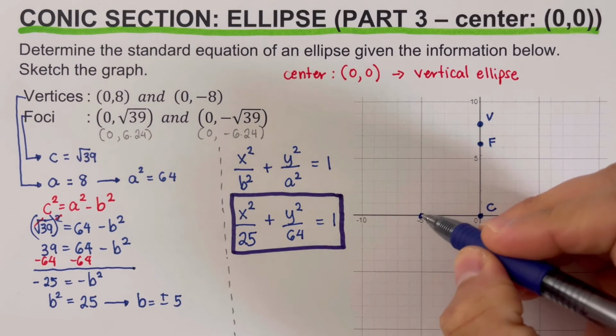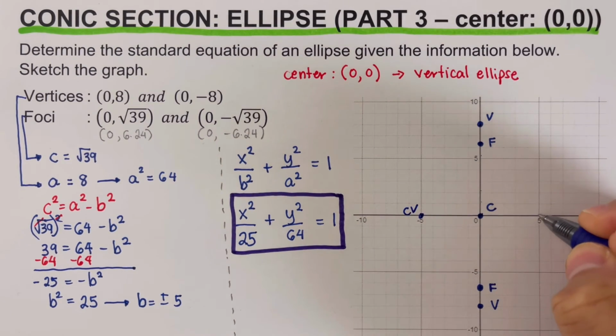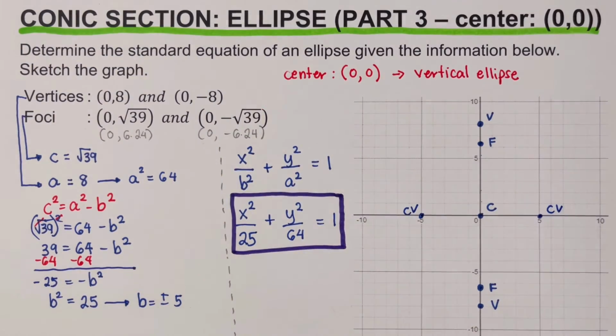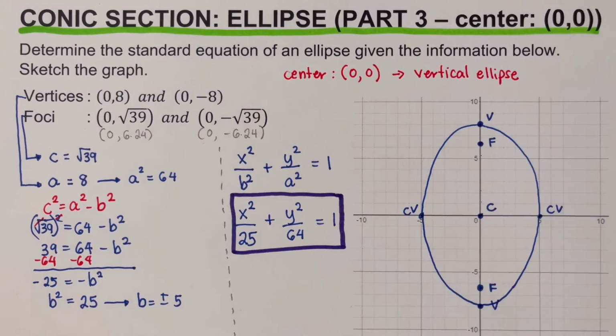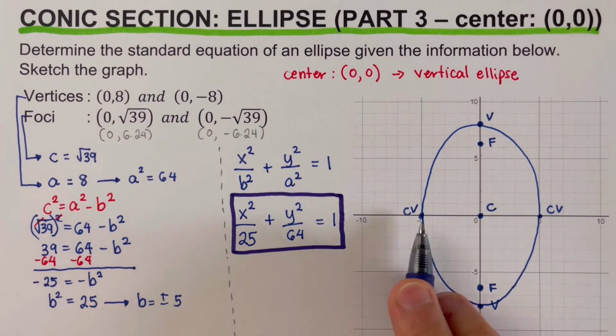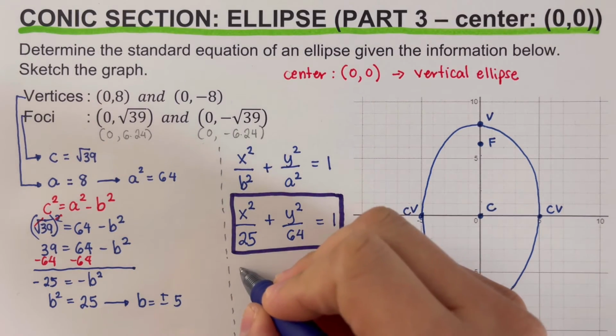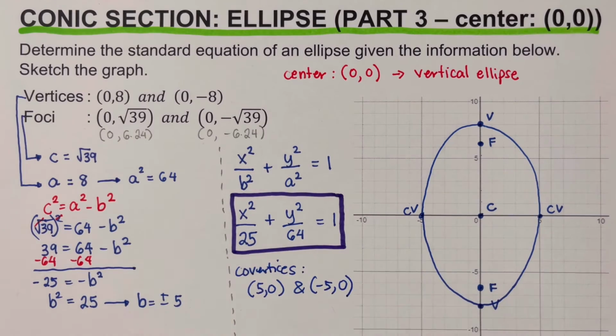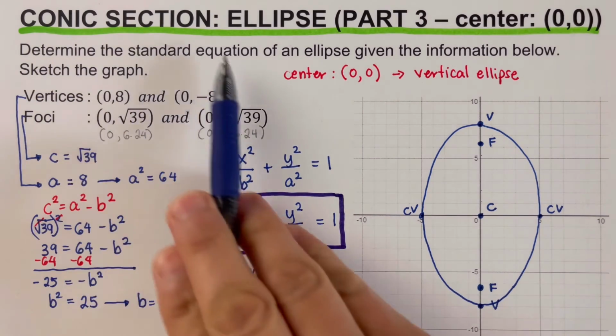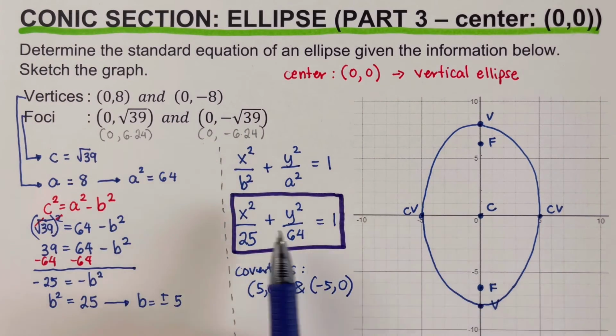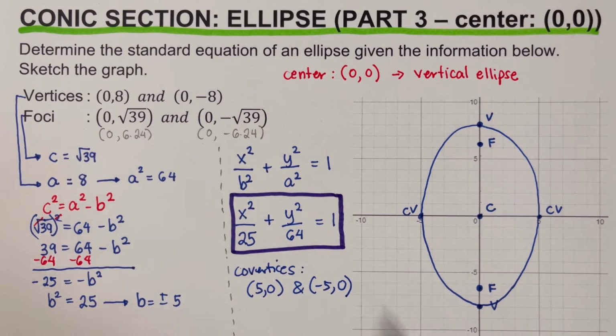This is the first co-vertex and this is the other co-vertex. Now we can sketch the ellipse. I'm going to write the coordinates of the two co-vertices down here. So this is the equation of this problem and this is the graph of this ellipse that we got. Now let's move on to the next example.